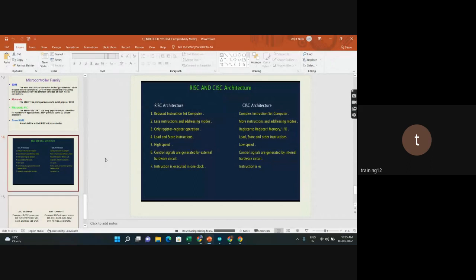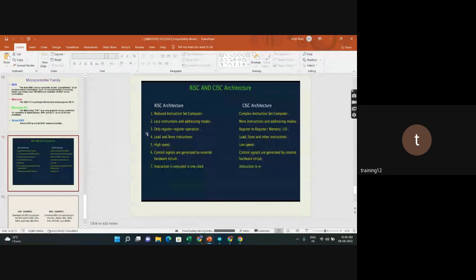It is a computer architecture in which single instructions can execute several low-level operations, such as a load from memory, an arithmetic operation, and a memory store. Or it is capable of multi-step operations or addressing modes within single instructions. Then the difference between CISC and RISC.